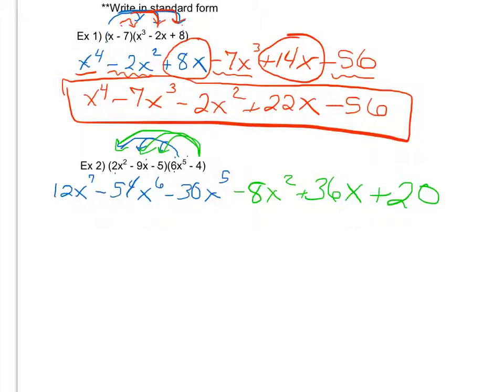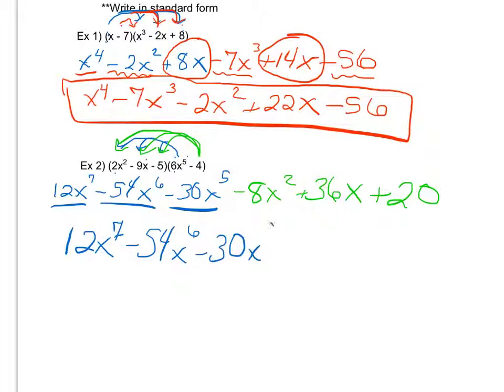Checking for like terms, there aren't any other degree 7. There aren't any other degree 6. There aren't any other degree 5. There aren't any others degree 2, or quadratic, so we call them by their number. If it's degree 1, we call it linear, it has a special term. Degree 2, we call it quadratic.